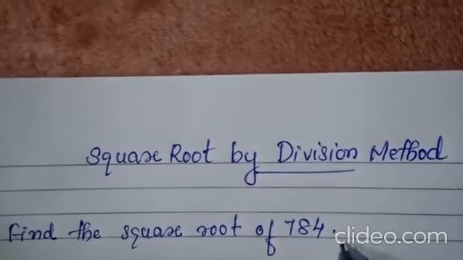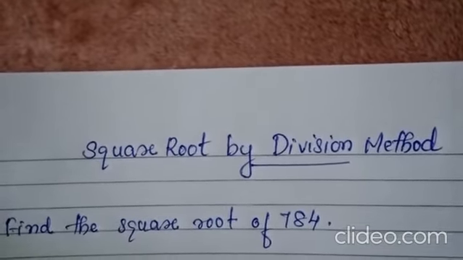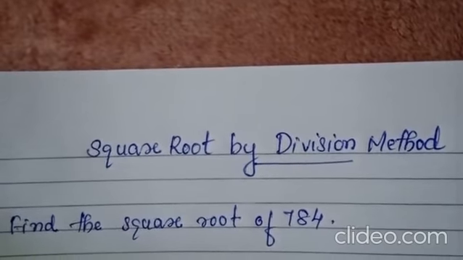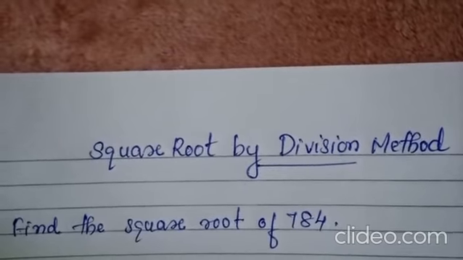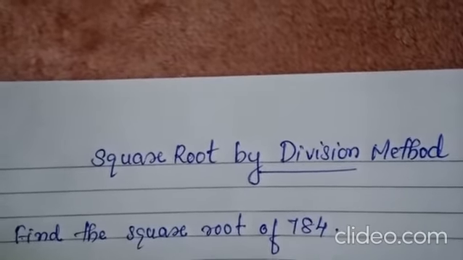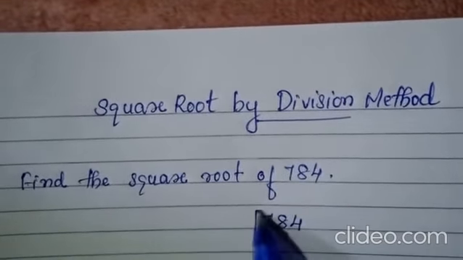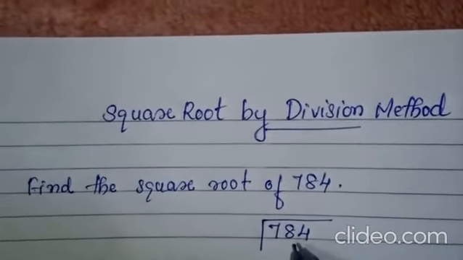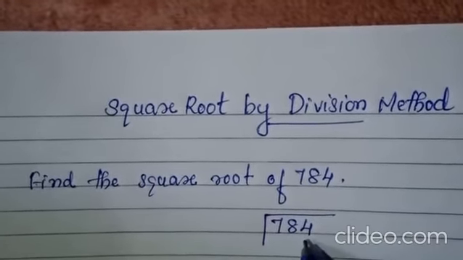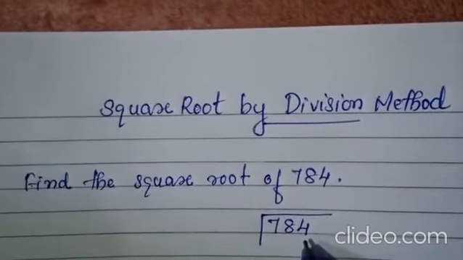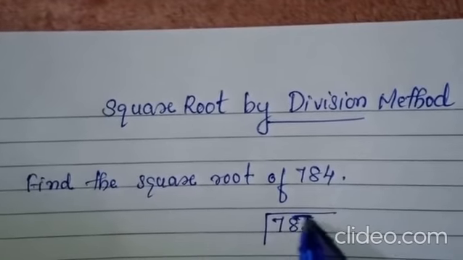by division method. Okay. First, what we will do? Starting from the right, that is from the ones digit, make the pairs and put a bar on each pair. So I will write for you 784. In this way.